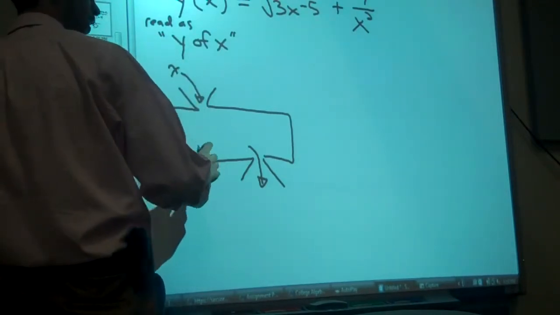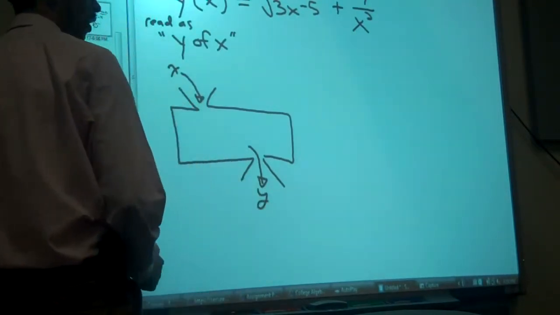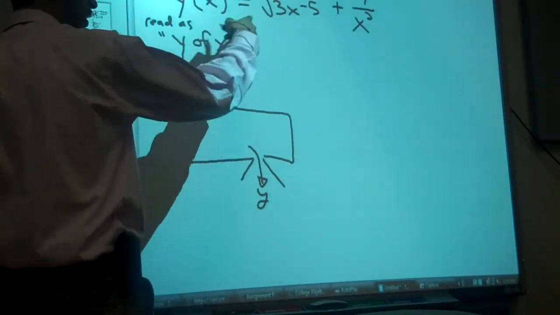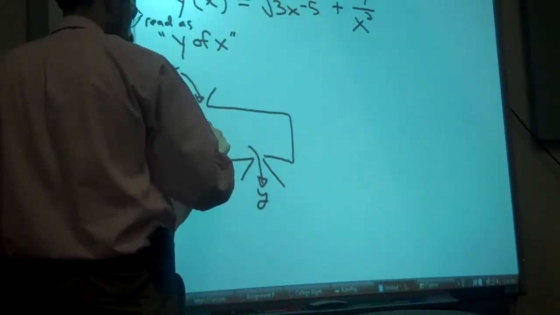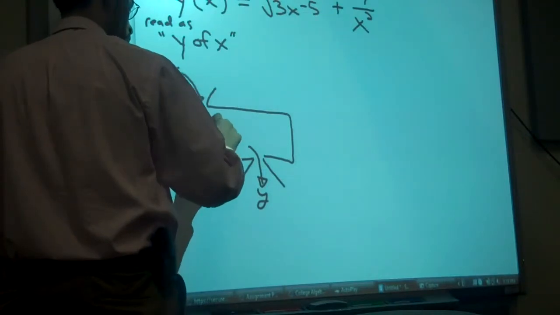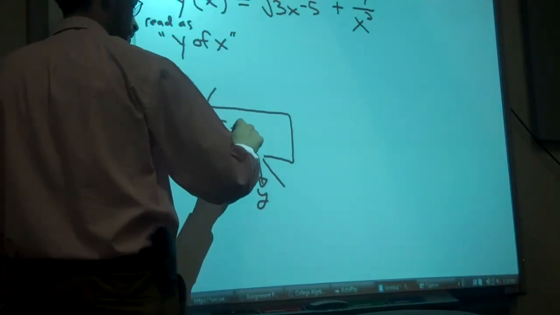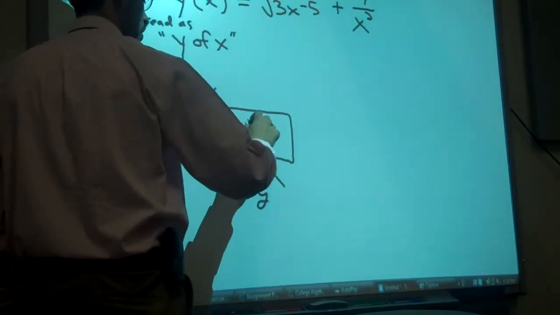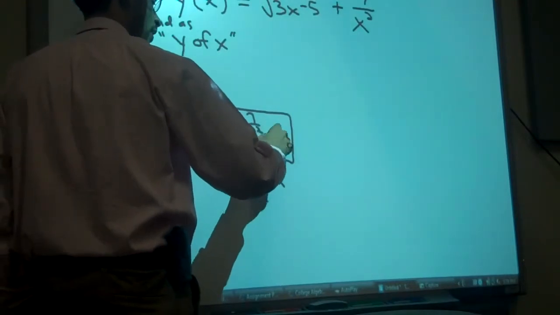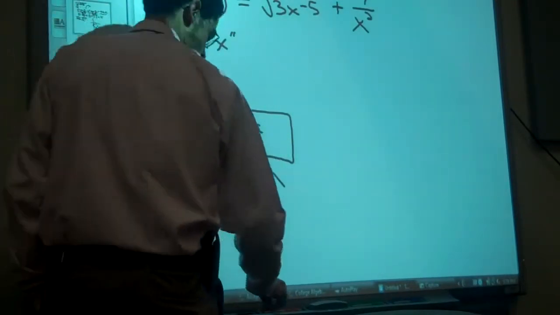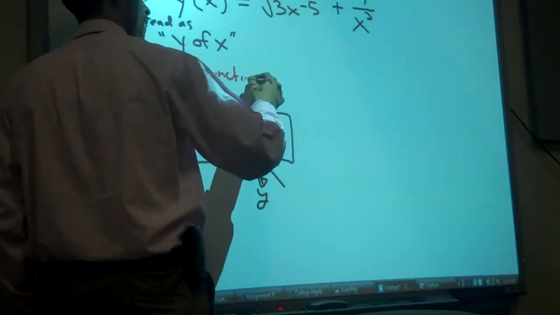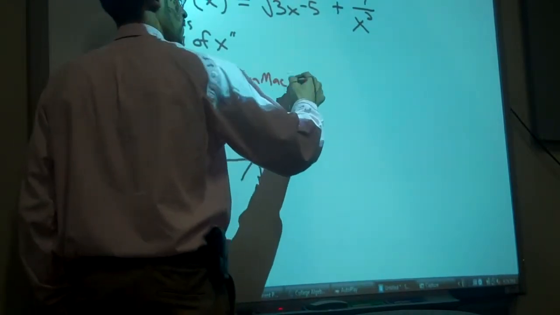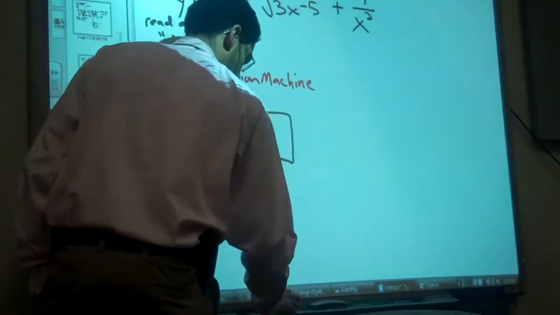So x is going to go in, y is going to come out, and this is the thing that you do to them: root 3x minus 5 plus 7 over x squared. So this is a function machine, but it's the same thing as the formula. It's a different way of looking at it. Another way to represent a function.